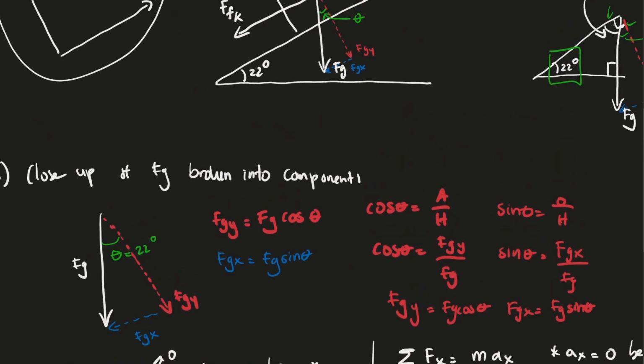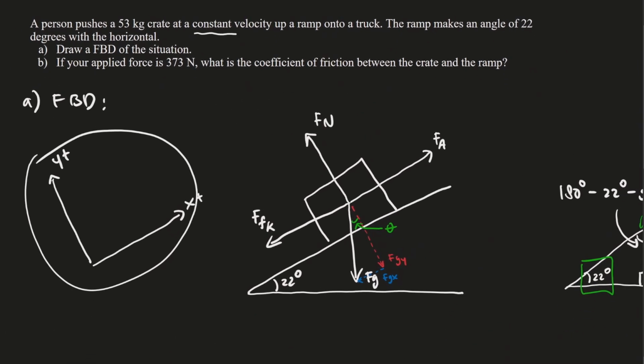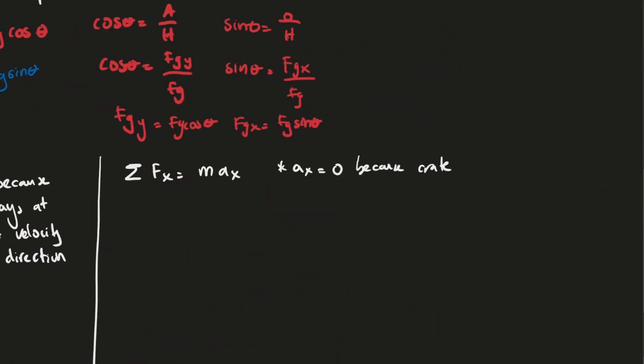If we take a look at the question, it specifically mentions the crate is pushed at a constant velocity. So that means that this also adds up to 0 as well.